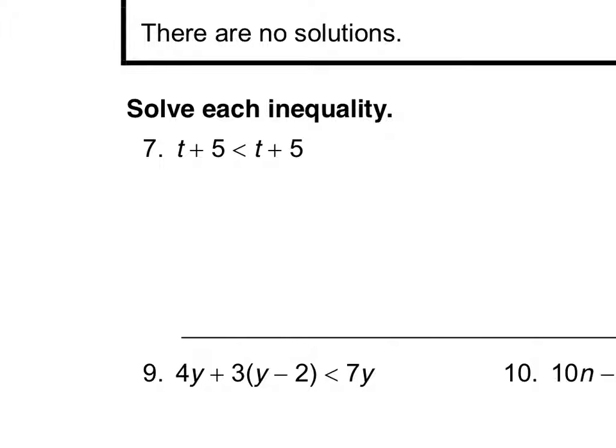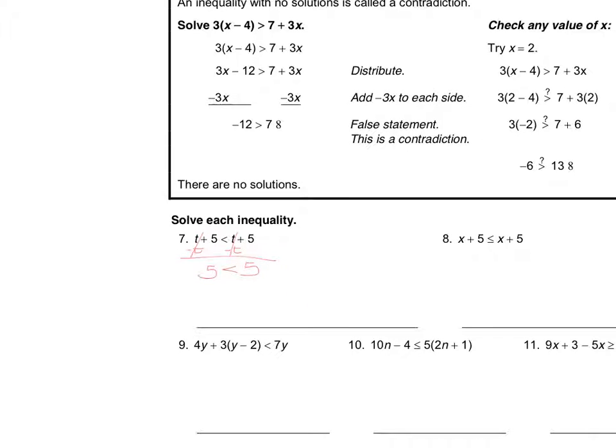But let's say you didn't realize it and you started to solve. So let's say you decided to move the t's together. The t's cancel, and now you're left with 5 is less than 5. So here, because everything is going to cancel and it's not equal to, this would be no solution.